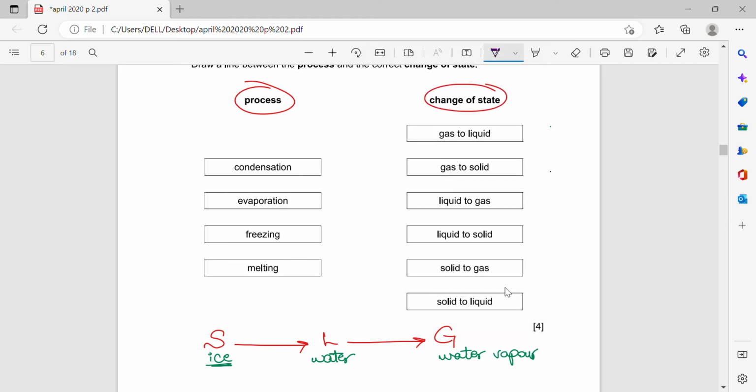What do we call changing from the solid state to the liquid state? Great, melting. If I have liquid like water, it turns into water vapor. Liquid to gas, evaporation.